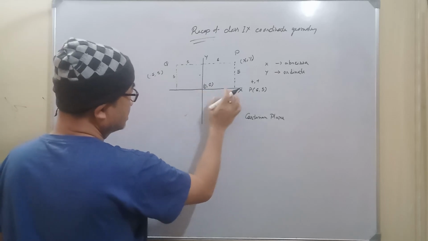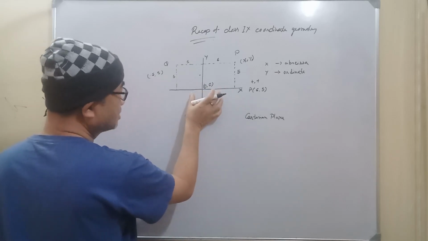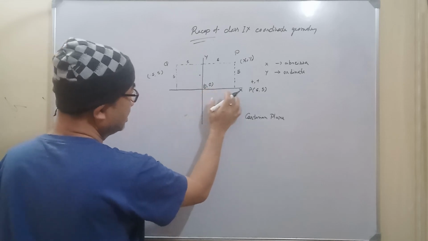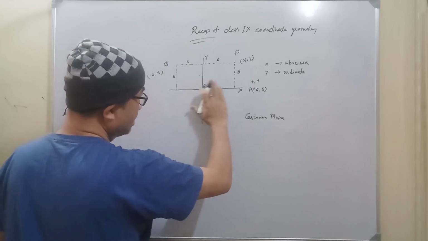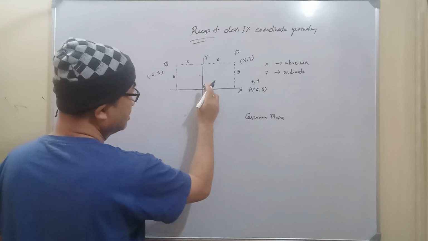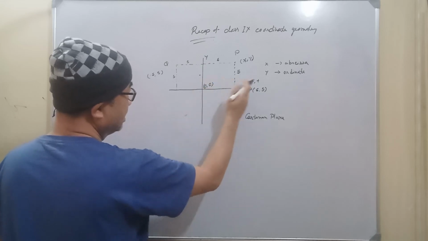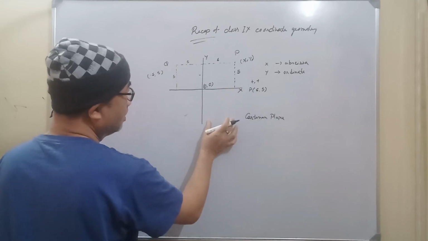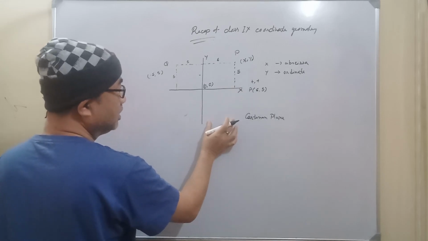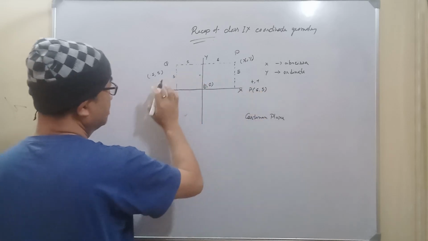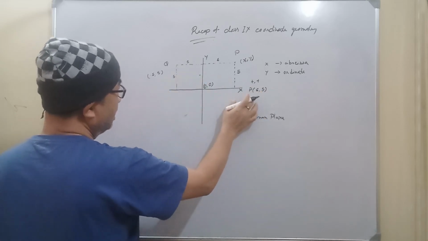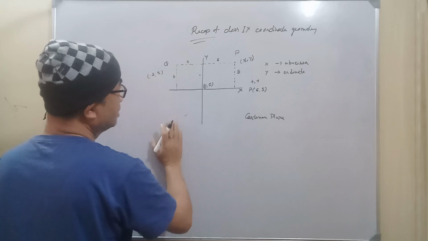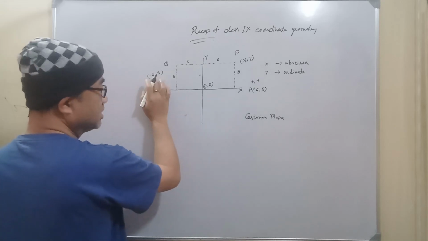Values of x coordinate is positive towards the right hand side of origin, here this side. So on the first quadrant and on this quadrant the values of x will be positive, like this point. Okay, and towards the left the values will be negative, like this point.